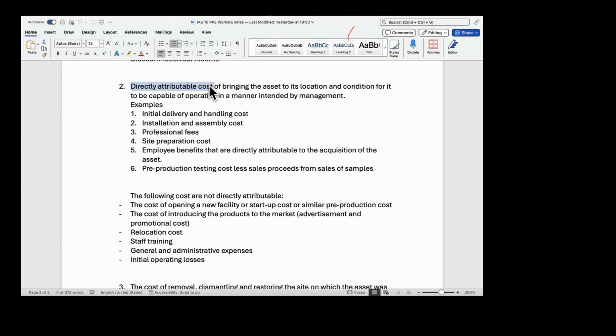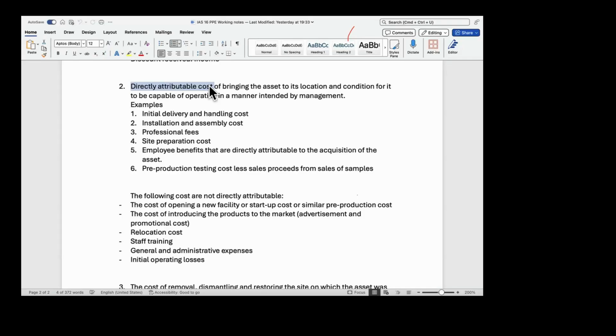All the costs in between that period are directly attributable costs, and they should be added to the cost of the asset. As soon as an asset is ready for use, you are just the one delaying the usage. It's possible for an asset to be ready for use in January, and you don't use it until even after 1 or 2 years.